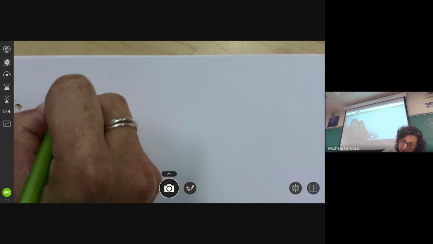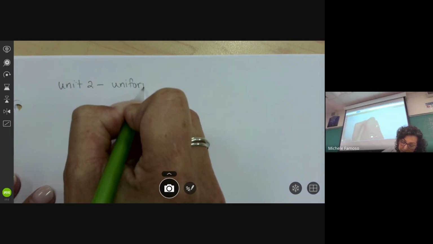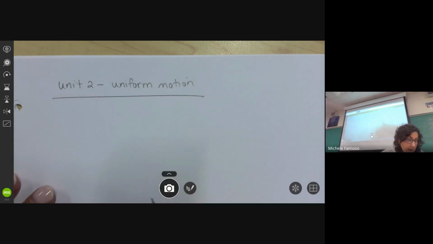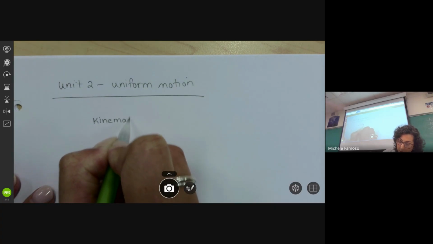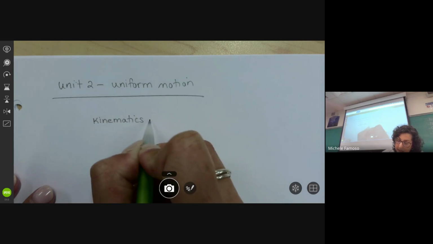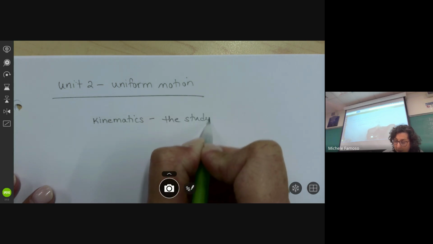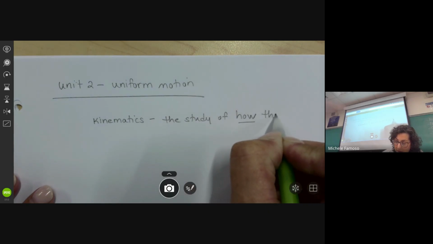So Unit 2, the title of this unit is Uniform Motion. And it begins the study of something in physics that we call kinematics. Kinematics is the study of how things move.